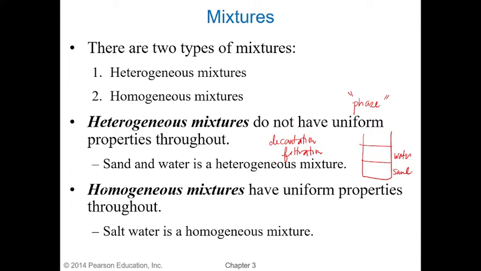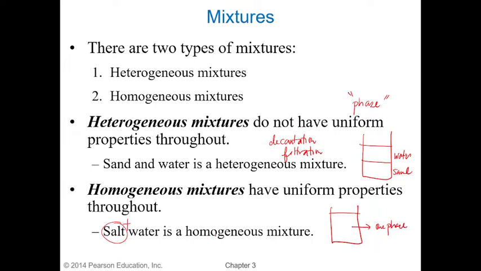On the other hand, you have another type of mixture, we call it homogeneous mixture. In a homogeneous mixture, it has uniform properties throughout. An example here is salt and water. If you dissolve salt in water, eventually it will dissolve. And if you now have a prepared salt water or salt solution, you can no longer identify where the salt is and where the water is because it's already dissolved. The salt is already dissolved in your water, and you will see just one phase.